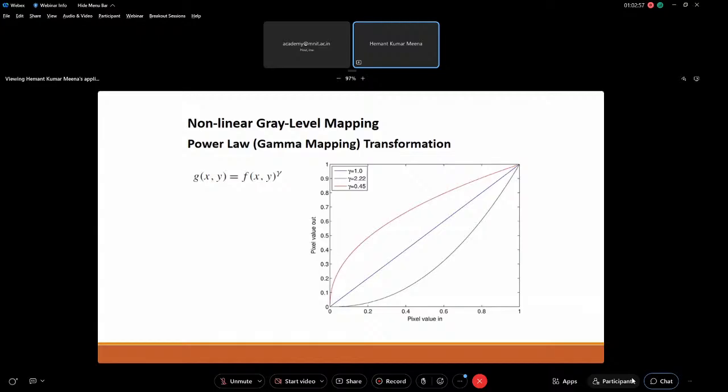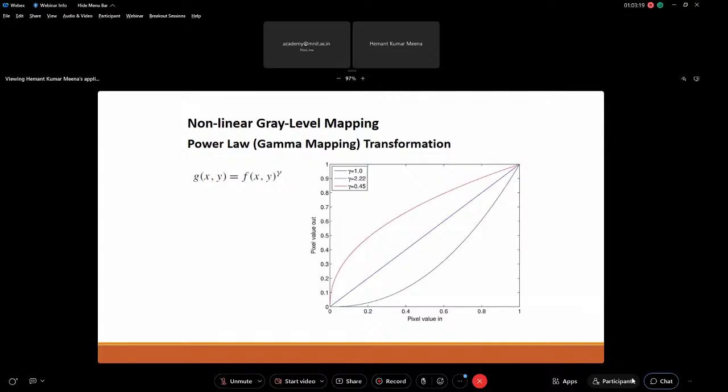If gamma is less than 1, you can see the red line here, going in this way. These are different operations, and when we apply them on different images, we are able to see the effect of the operation.